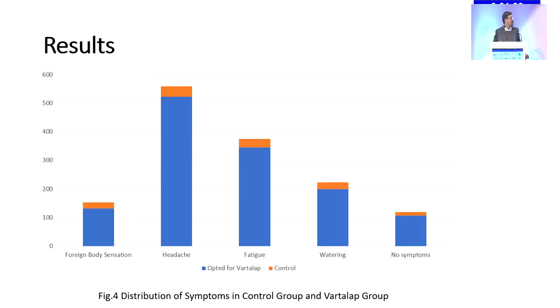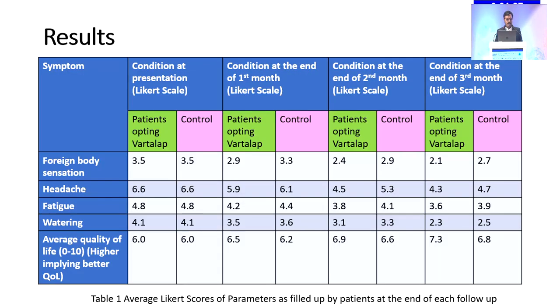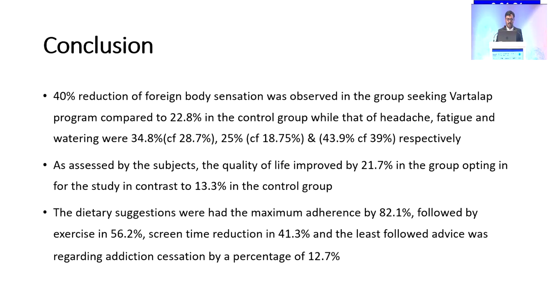These were the symptoms, divided as per the groups of those who opted for the counseling and those who did not. As we can see, it has been tabulated, and scorings were done on the Likert scale. A 40% reduction of foreign body sensation was observed in the group seeking the Vartalap program compared to 22.8% in the control group.